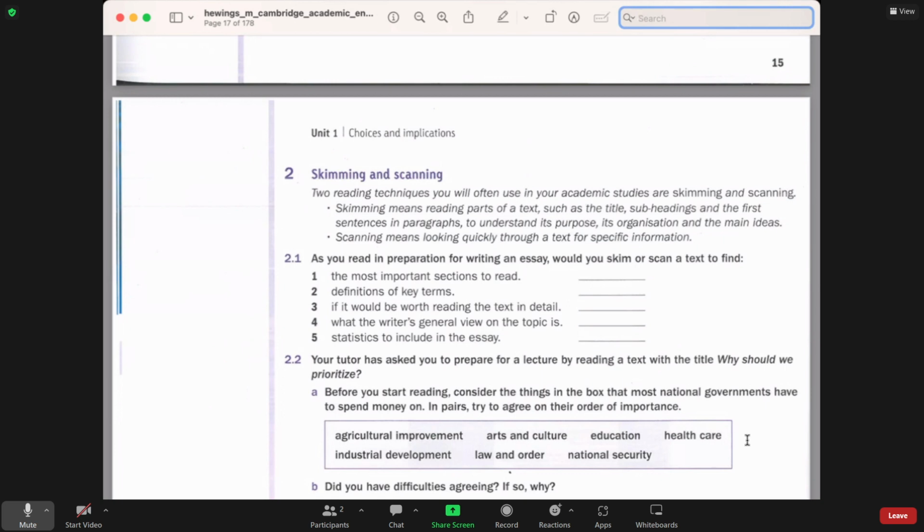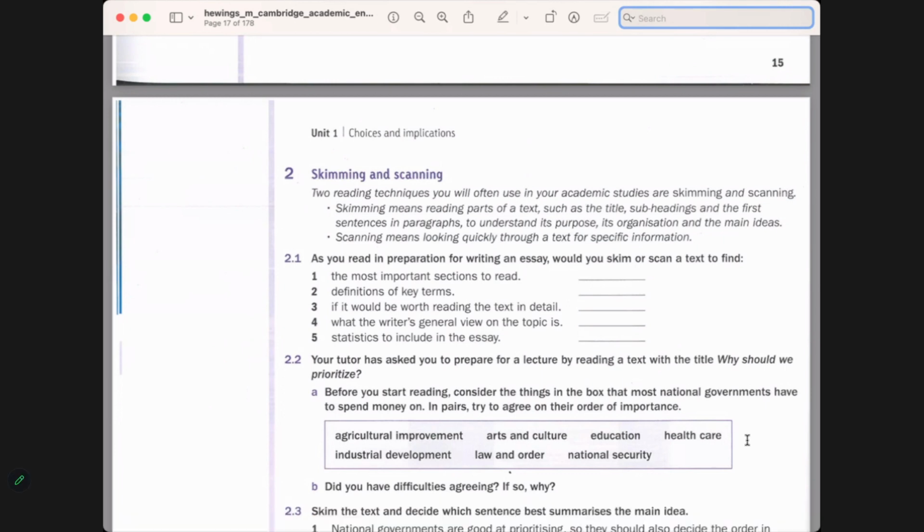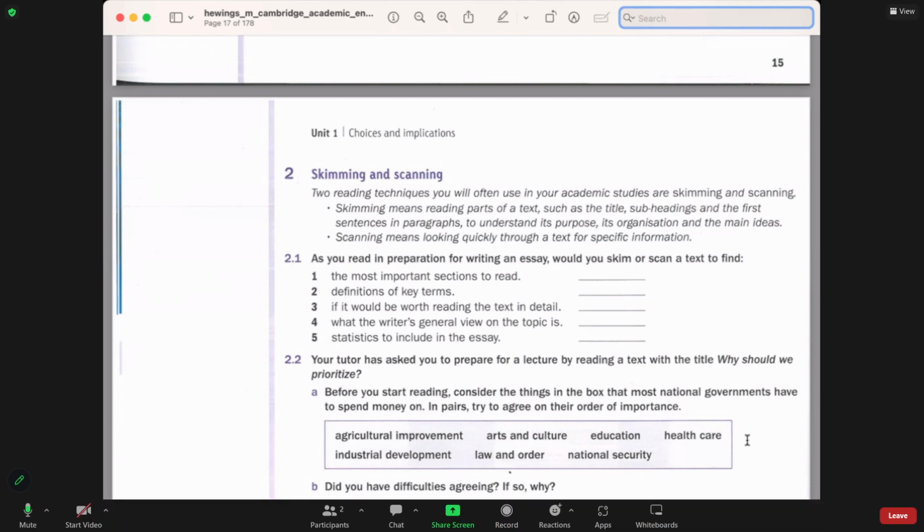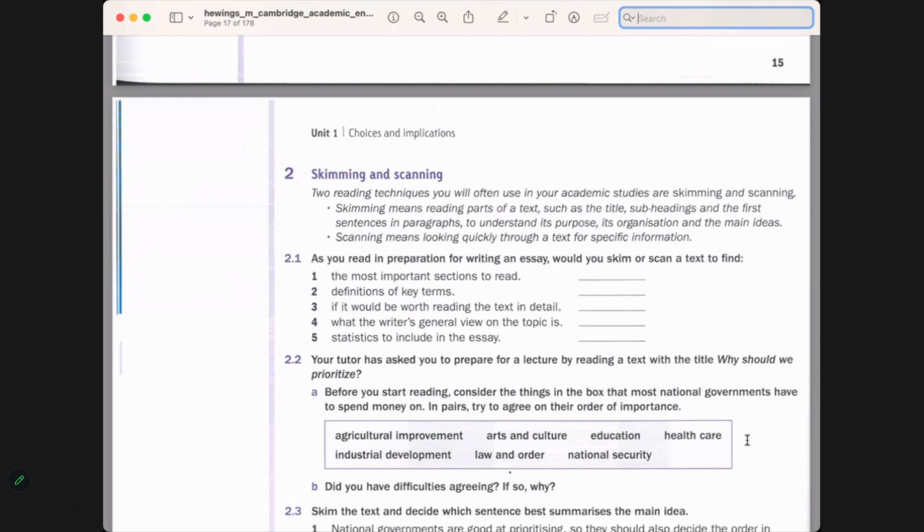So you look through the text quickly, find the terms and read thoroughly the definition only. To find the term and to read its definition, it's scanning rather than skimming.